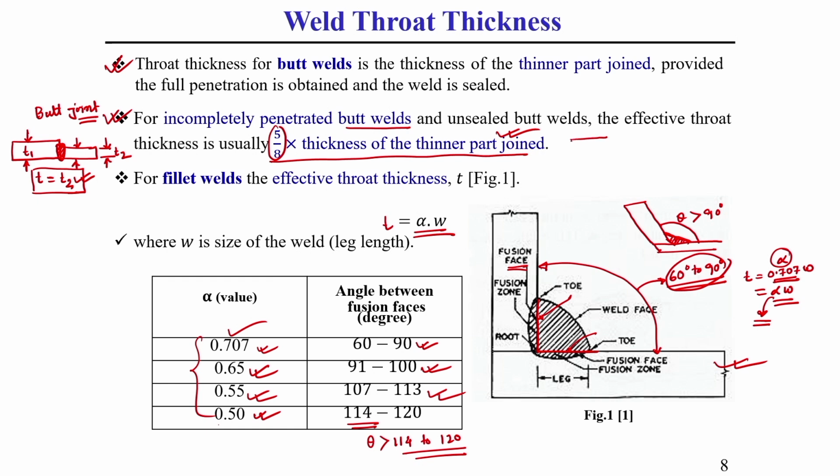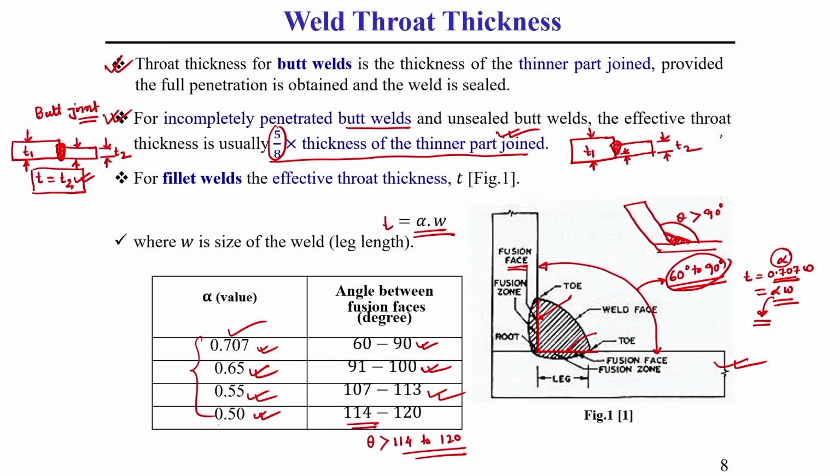So, in case of incomplete fusion or dissimilar thickness of plate, if we do the butt weld and there is incomplete fusion, that means at the root side some fusion is lacking, that is an incomplete type of fusion. In this case, let the thinner plate have a thickness T2 and the thicker plate have a thickness T1.